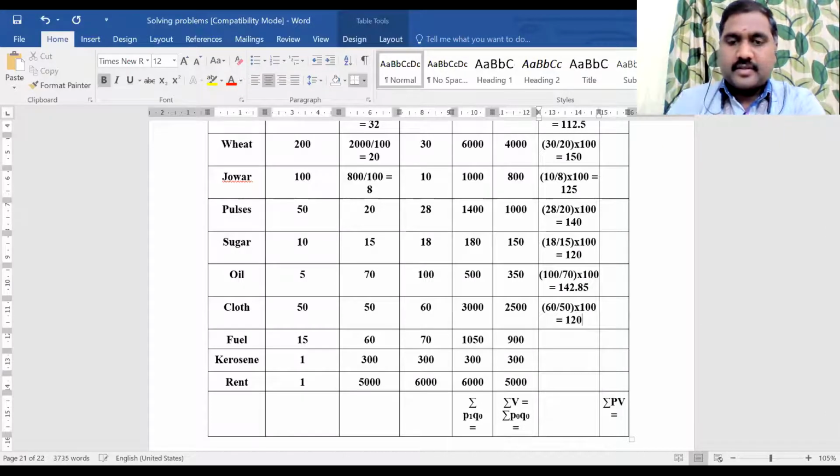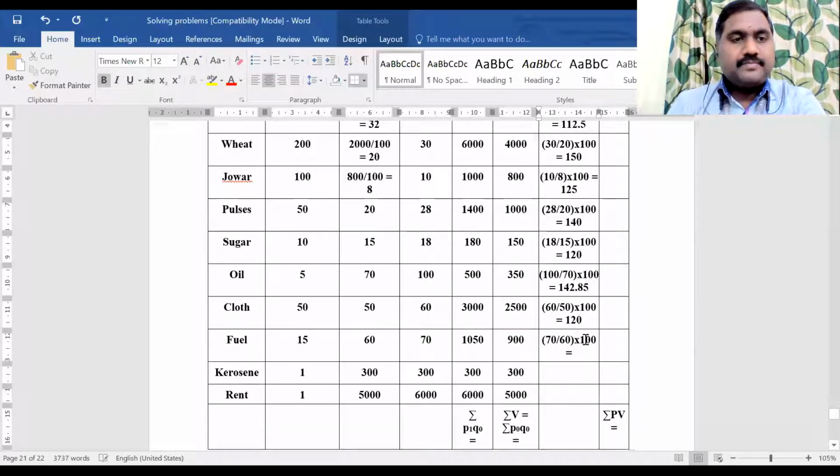Okay, good. Then 70 divided by 60 into 100, which is equal to 116.66. Okay, 300 divided by 300 into 100 will be 100.